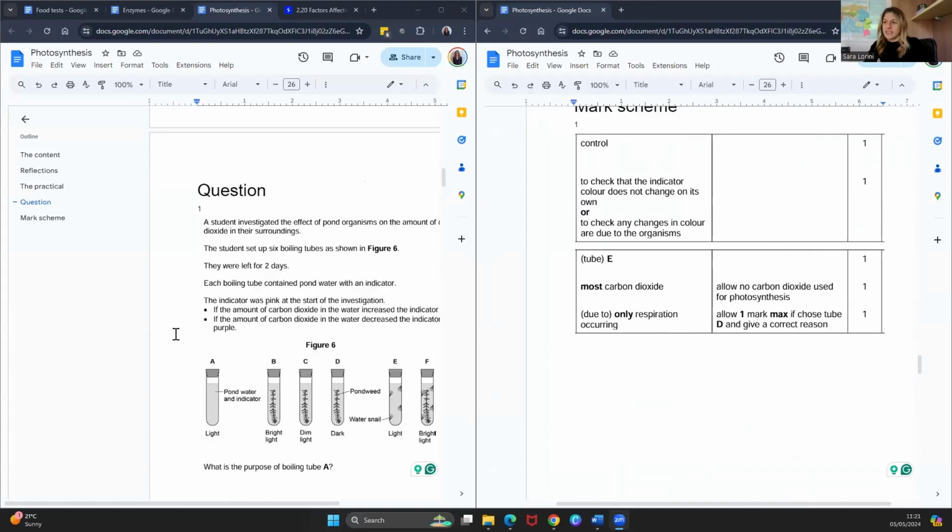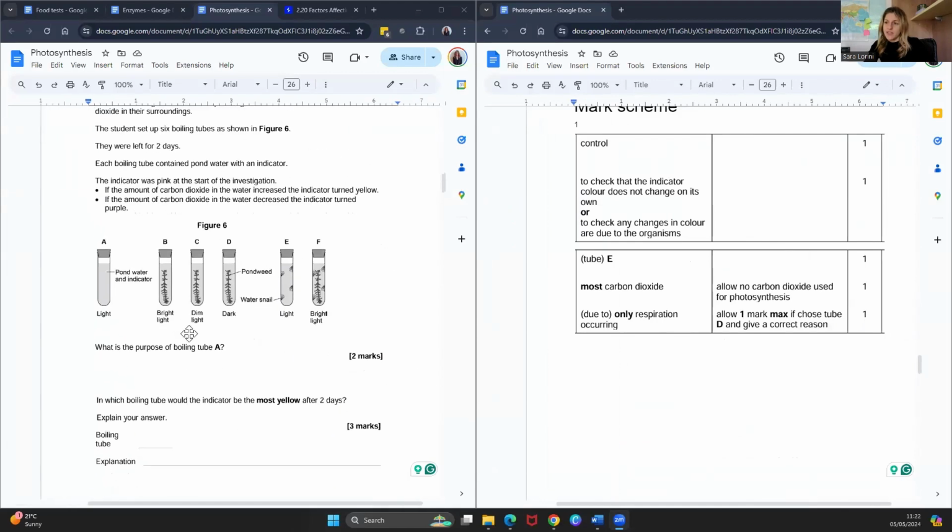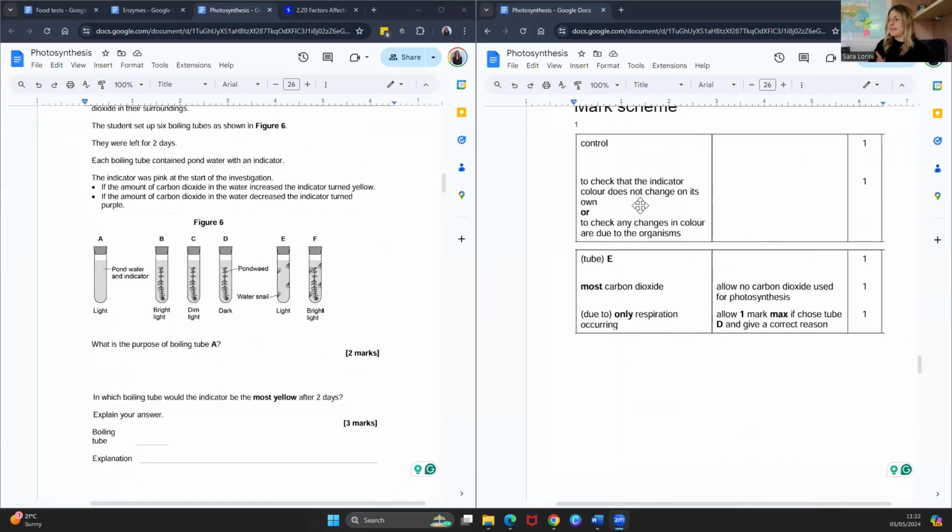In fact, here, we can be more specific about this question: it is to check that the indicator color does not change on its own, or to check any changes in color due to the organism. So very important, control variables. You always need to explain that it is to check your observation, and then you would state which observation that is. In this case, it would be the indicator.